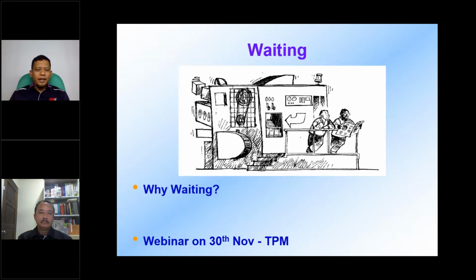Of course, another reason for waiting is machine down, which we are going to discuss in PM. And then we have the problem of no order as well. When there is no order, there is no work, and then we have a waiting issue, right?